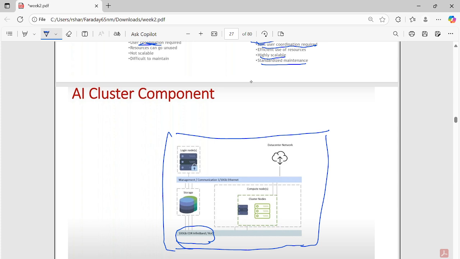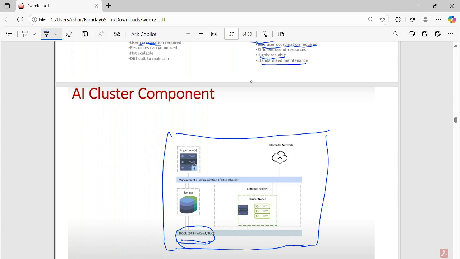We have a network which is connecting the different user nodes. We have a cluster node or a compute node where the actual computation will be happening, in an environment like CPU or GPU nodes.